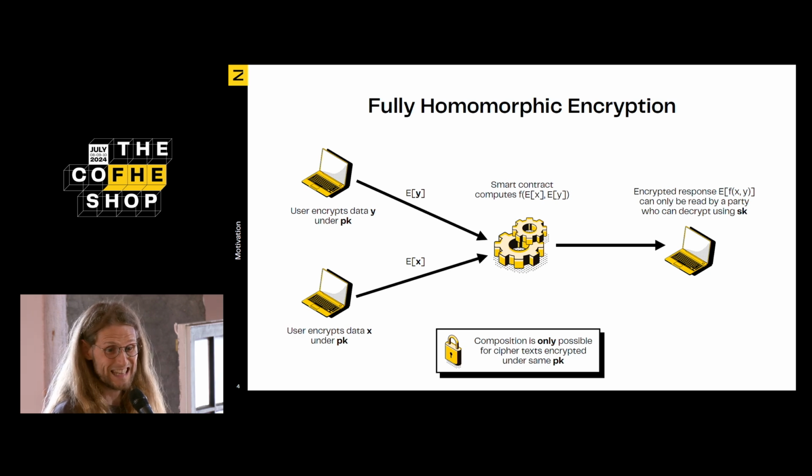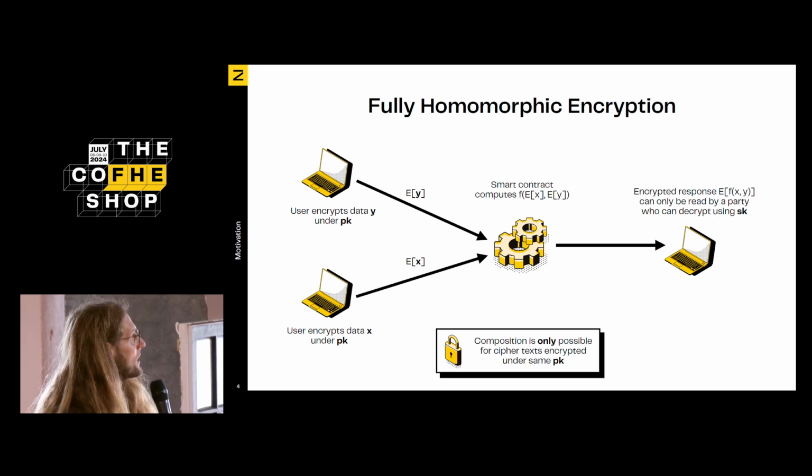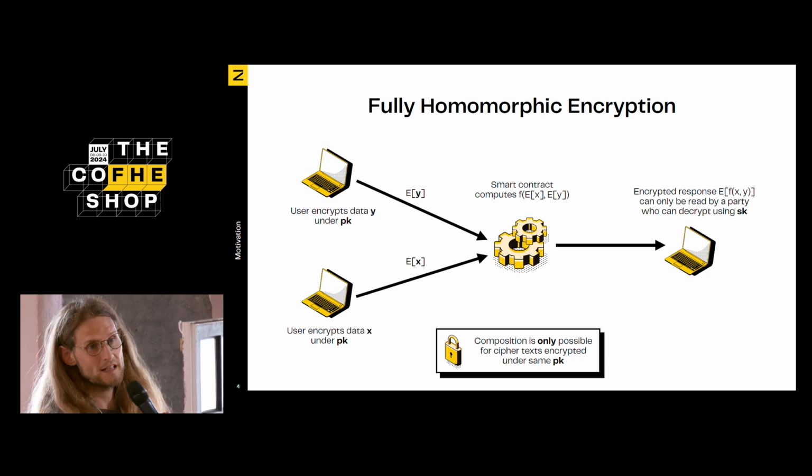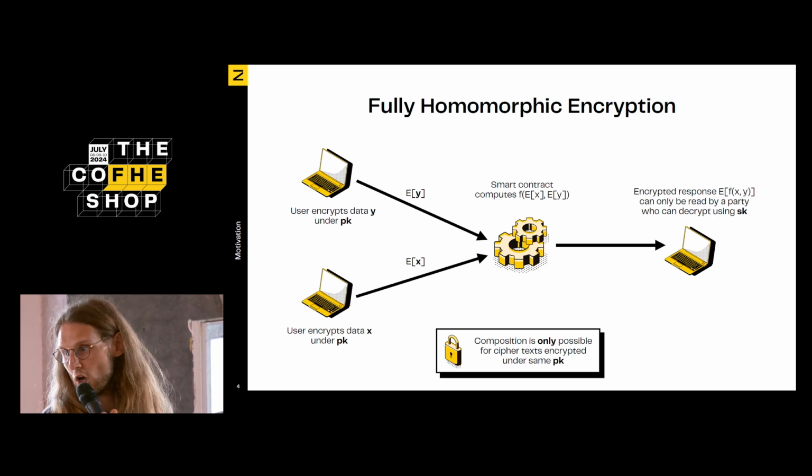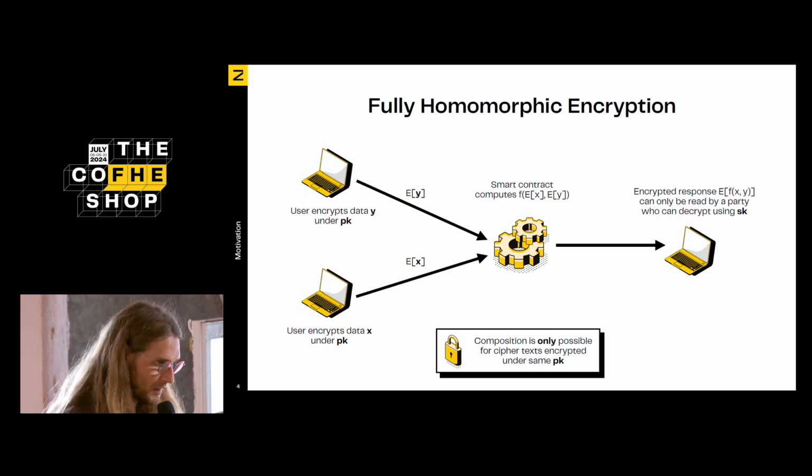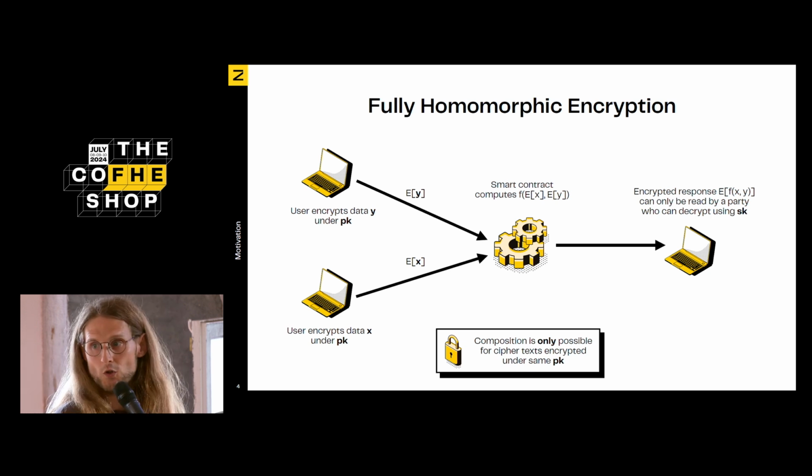However, what makes schemes fully homomorphic is that the ciphertext can be computed upon. So we can have parties from different places in the world, different users, encrypt different pieces of data, and then execute any kind of function on this encrypted data, which can then later be decrypted. And this is basically what we do in the fhEVM.